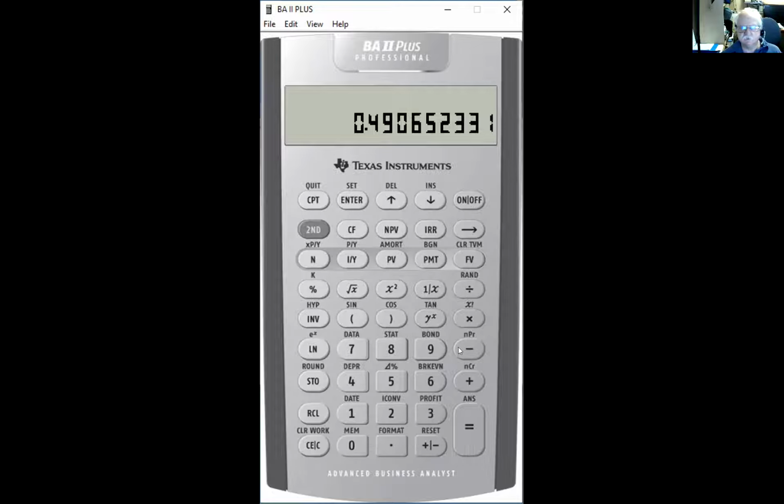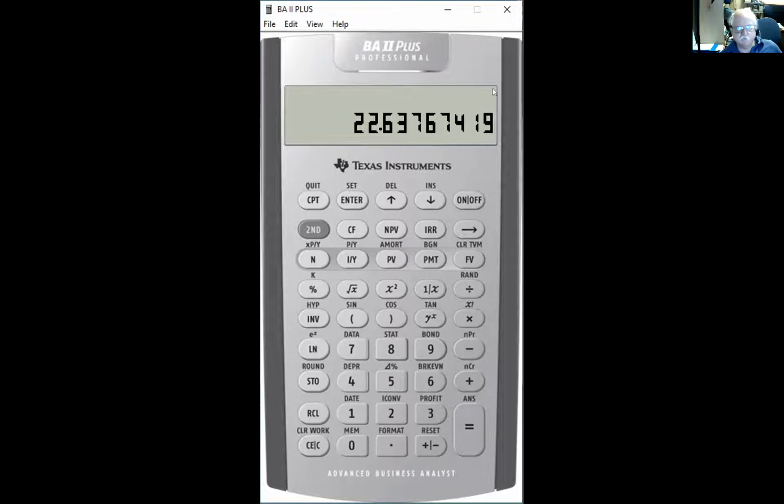So the easiest thing to do is to make this negative and go plus 1. Seems a little weird, but adding a negative is the same thing as taking away. And then we want to divide all of this by I. So divided by recall 1 equals.